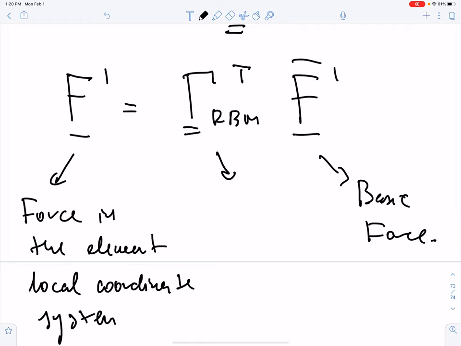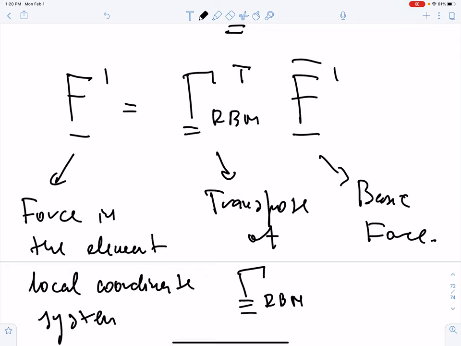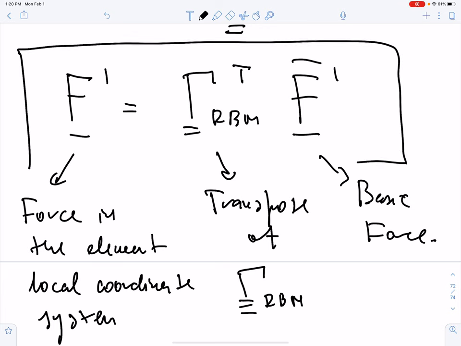This is a transpose of the rigid body matrix gamma RBM. So again, a very important relationship that will come in handy.